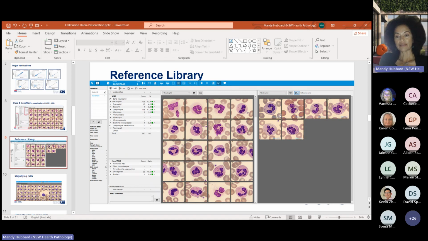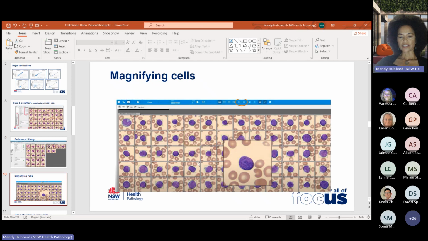The library has a variety of images that they can compare against the image they want to look at. I think that's quite useful. It also has the capacity to magnify a particular cell that you're having a challenge identifying, so you can zoom in and classify that cell as well.